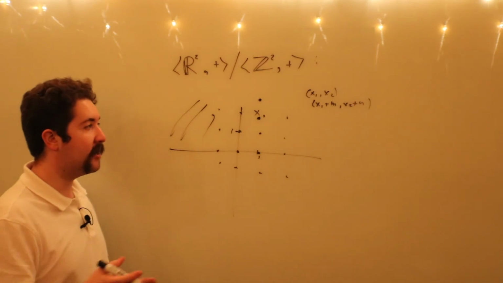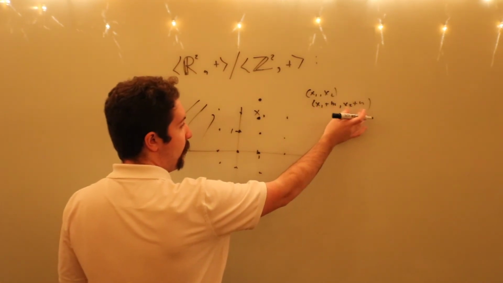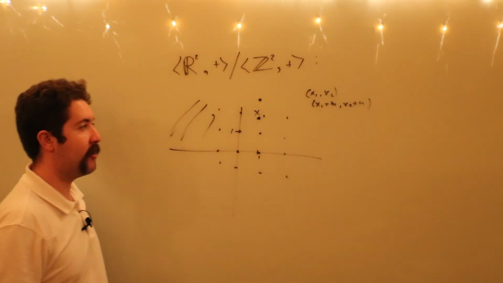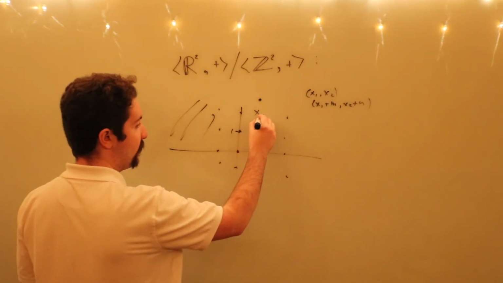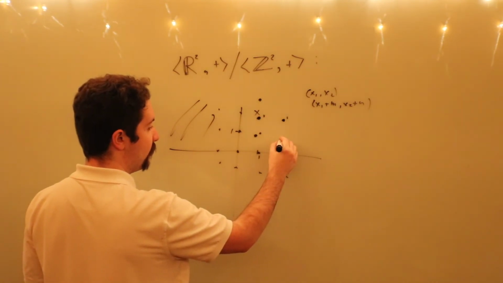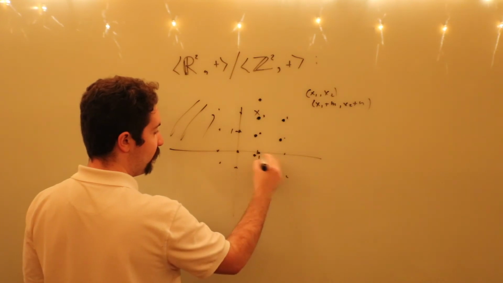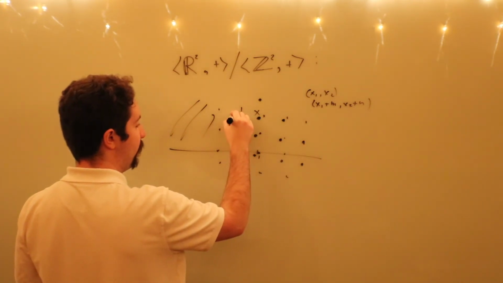So every possible coordinate that looks like X1 plus M, X2 plus N, where M and N are integers, counts, right? It's part of the coset. And what that ends up looking like is its own integer lattice, but sort of shifted off from the normal integer lattice, right?